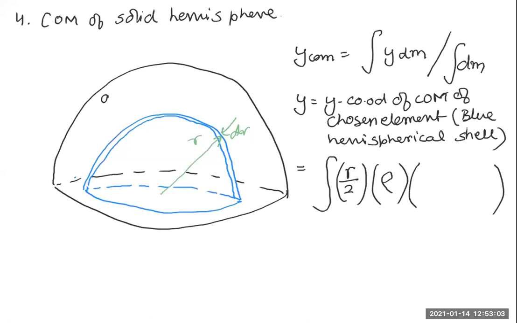So dV will be equal to surface area multiplied by thickness, which will be equal to 2 pi r square multiplied by thickness, which is dr. So 2 pi r square.